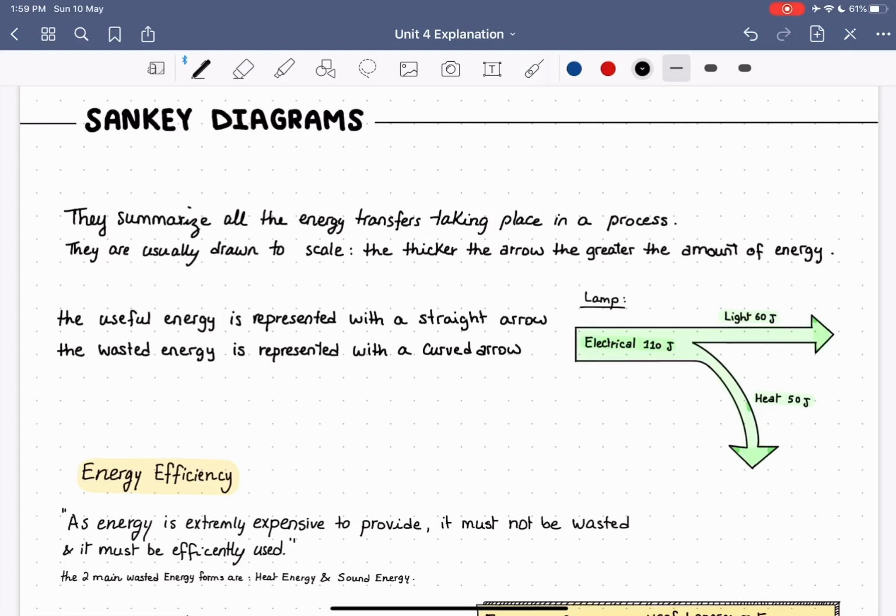They are usually drawn to scale, so the thicker the arrow, the greater the amount of energy. The useful energy is usually represented with a straight arrow, while the waste energy is represented with a curve. They could be curved downward or curved upwards, and all the straight arrows represent the useful energy.